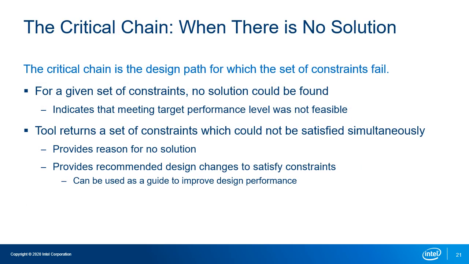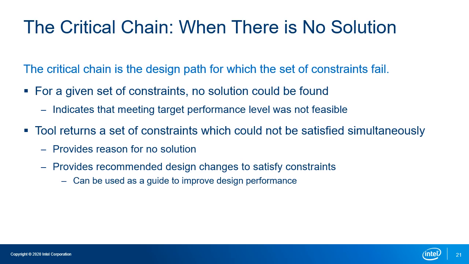The critical chain in the Hyper-Retimer then is the path for which the Hyper-Retimer could not produce a solution for a given set of constraints. In other words, for a target performance level, it was simply not possible for the Hyper-Retimer to place registers in the way that the design needs.